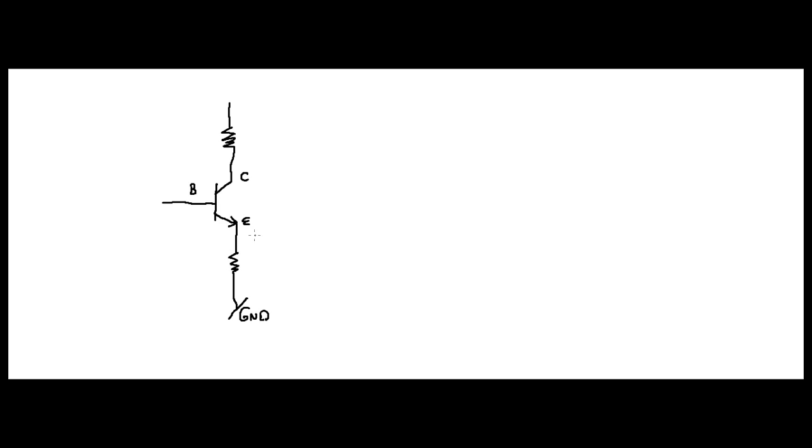All right? Hence, since this is your collector, we're going to call this resistor up here R sub C for your collector resistor. This resistor here is going to be called or labeled R sub E. Now your base is biased via a voltage divider, all right? So what we'll do is we'll bring something out here, bring it down. This is another resistor here.